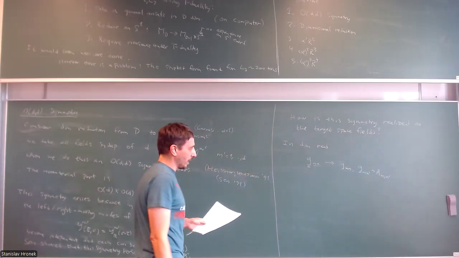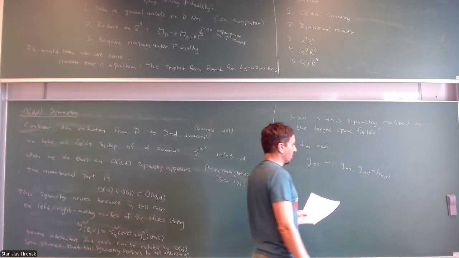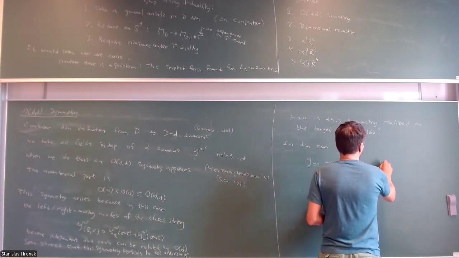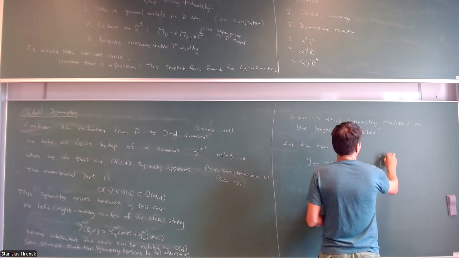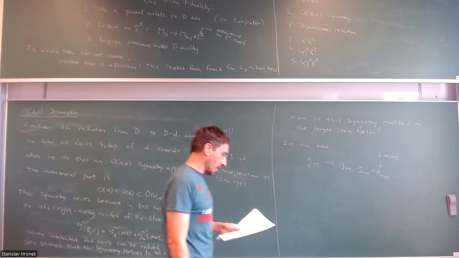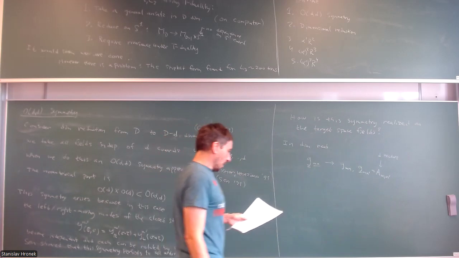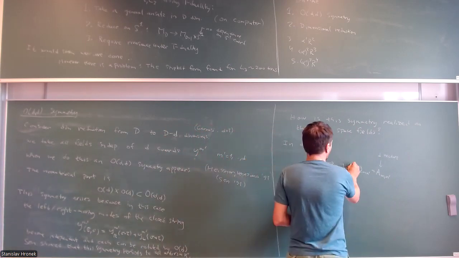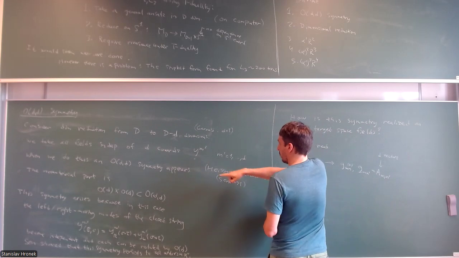So there will be a collection of these. In fact, there will be D of them. Remember, all these are just depending on X, there's no dependence on the Y.